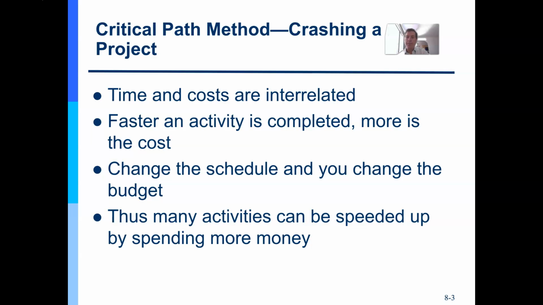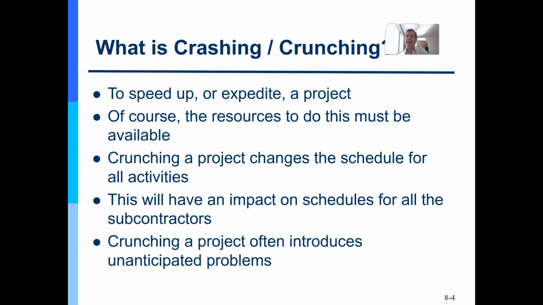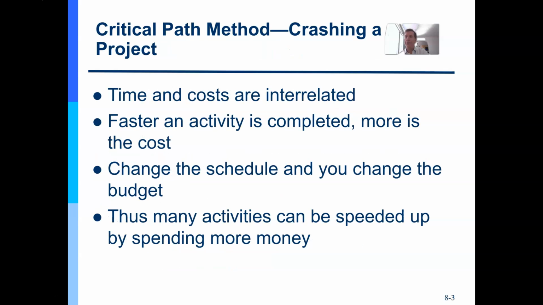Now realize there's a law of diminishing returns. If I have an activity that has 2 engineers and I double it to 4 engineers, that doesn't necessarily shorten my time by half, right? There's a law of diminishing returns. At some point we get in each other's way.